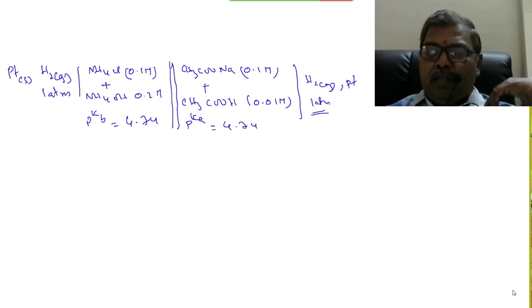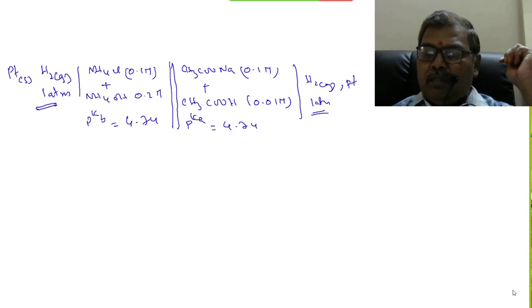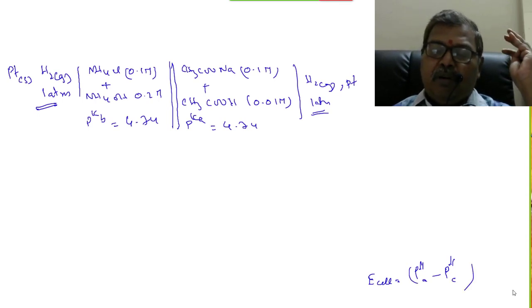In the anode half cell and cathode half cell, the active mass of the hydrogen electrode is 1 only. So there is no need to take it. Simply you can use the formula E cell is equal to pH anode minus pH cathode. Right? Simple formula.